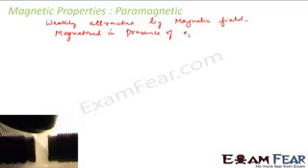Paramagnetic substances are weakly attracted by a magnetic field. Very weakly attracted. Why are they attracted? Because they are magnetized in the presence of the field in the same direction.